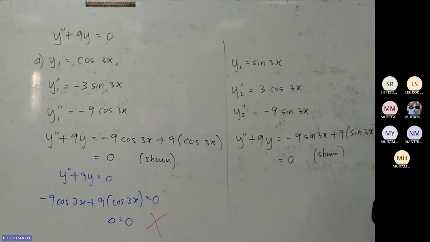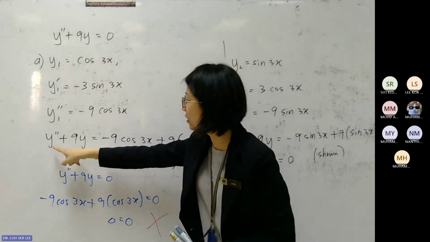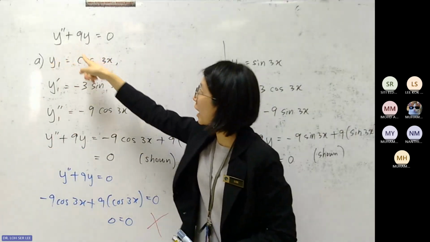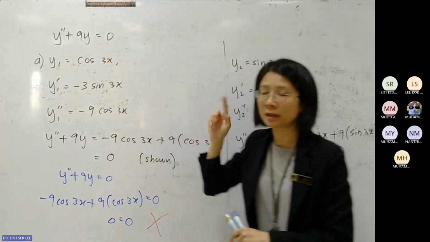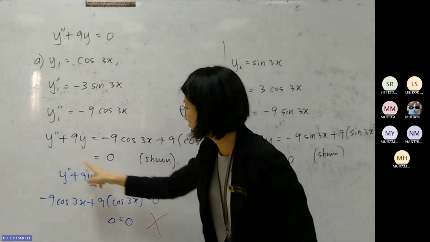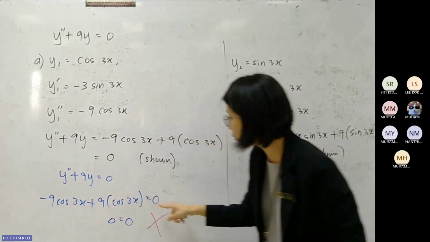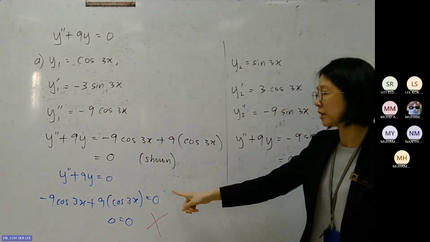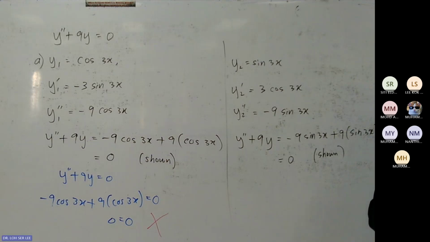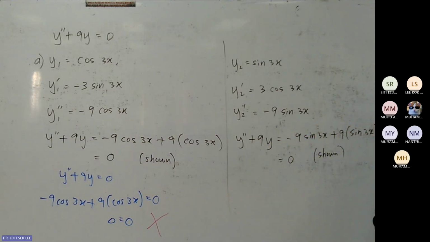Because we are in the process of showing that this fits this differential equation. So we substitute on the left hand side and we aim to check whether the right hand side is the same or not. If you start from here, equals to 0, you substitute your y double prime and y, and then equals to 0, meaning that you have already assumed this equals 0. We are not assuming they are equal to 0. We want to check whether they are equal to 0. So this is not a way.